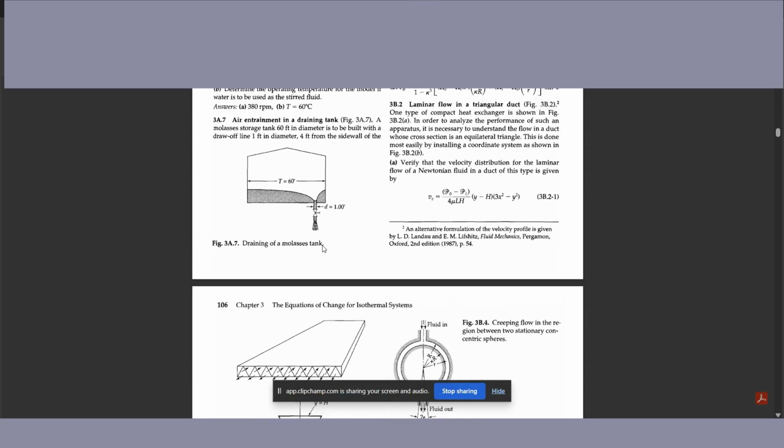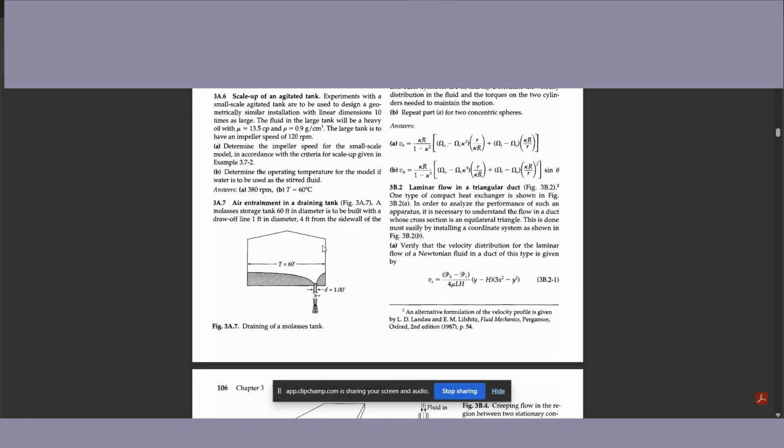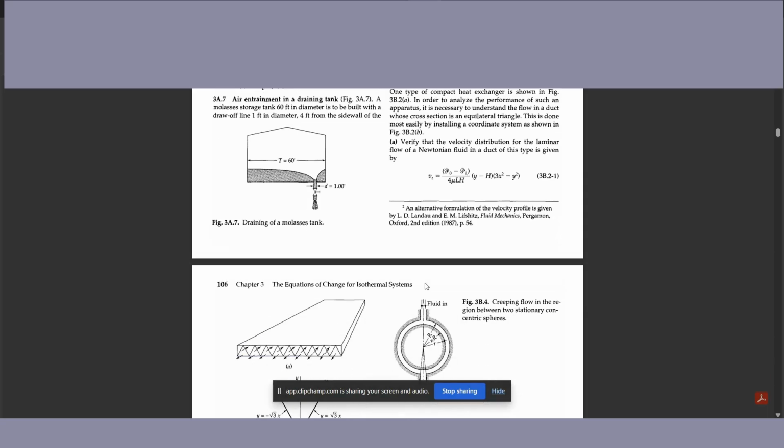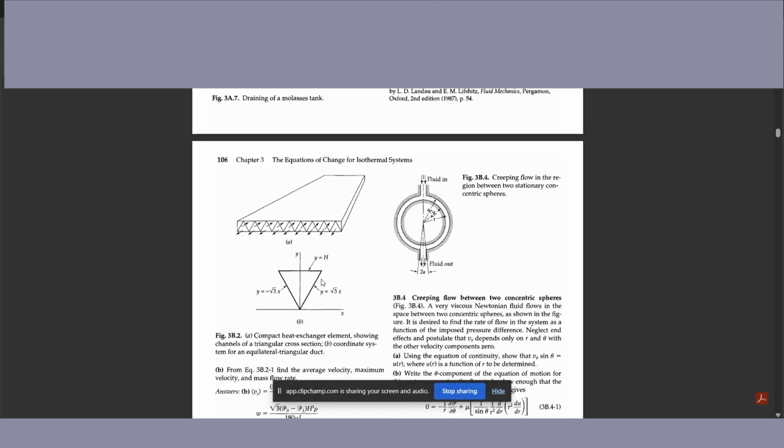What we're going to do is use the equation of continuity and the equations of motion, and we're going to solve that equation. We're not going to use any boundary conditions at all. When you do the equation of continuity and the equation of motion, there are going to be double derivatives, d²vz/dx² and d²vz/dy², because there are these x and y direction walls.